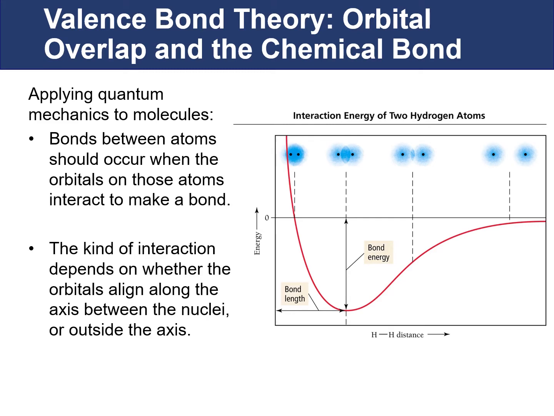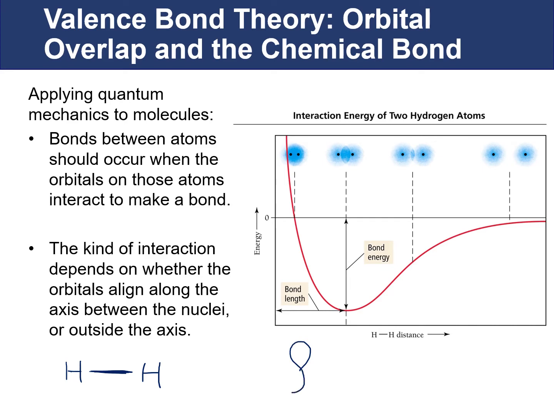By that, I mean if we have our hydrogen atoms and they are coming together, the axes between the two nuclei in three-dimensional space, the line between them, is the internuclear axes. You could either have an interaction of orbitals along the axes, or, as we will see, this is not the case for hydrogen atoms, but other ones where you could have a p-type orbital.